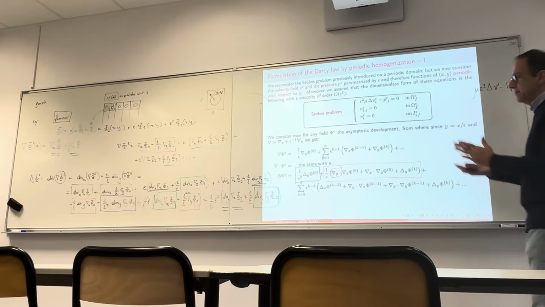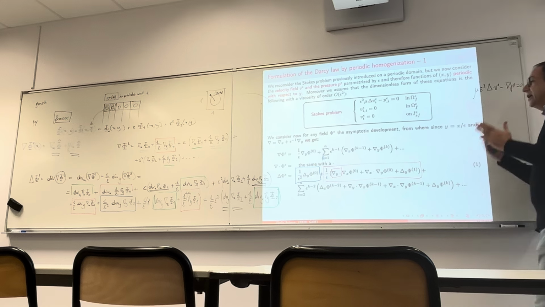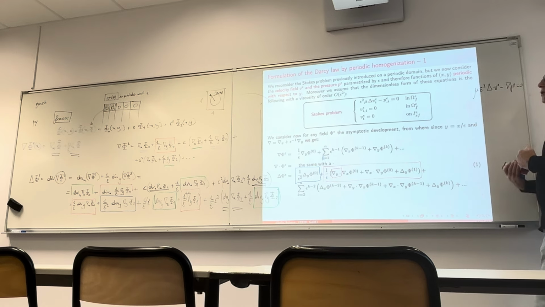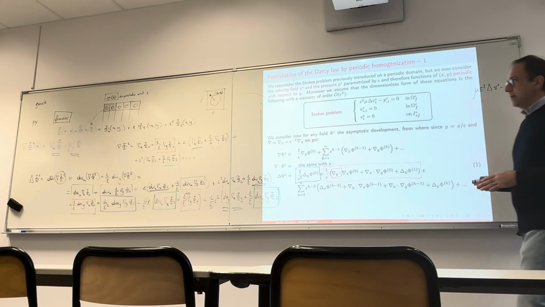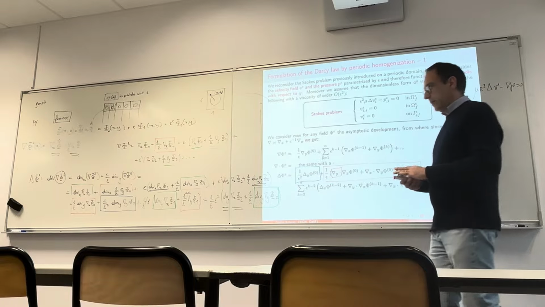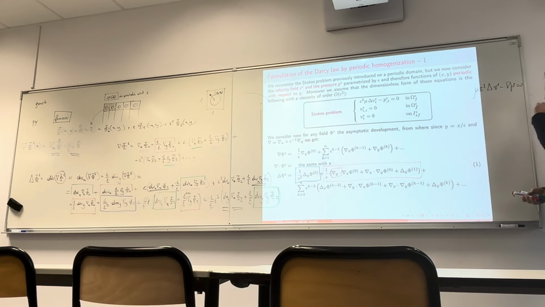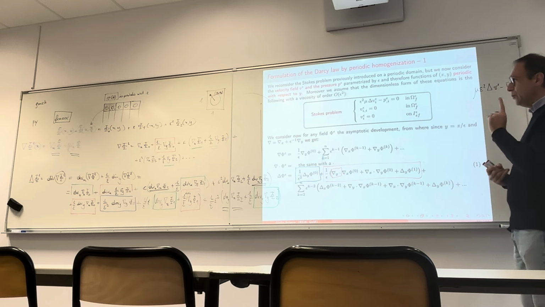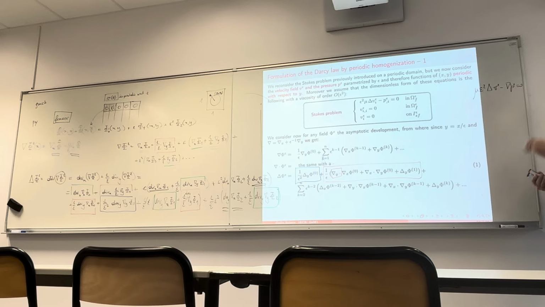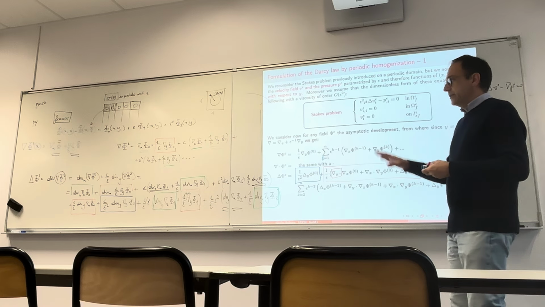So we have to identify all these problems and find a way to solve them. Okay? As you will see in the end, stopping at the first order, we will come back to the same problem as the one that we were solving before, but now defined just at the level of the unit cell. Okay, so think of that.